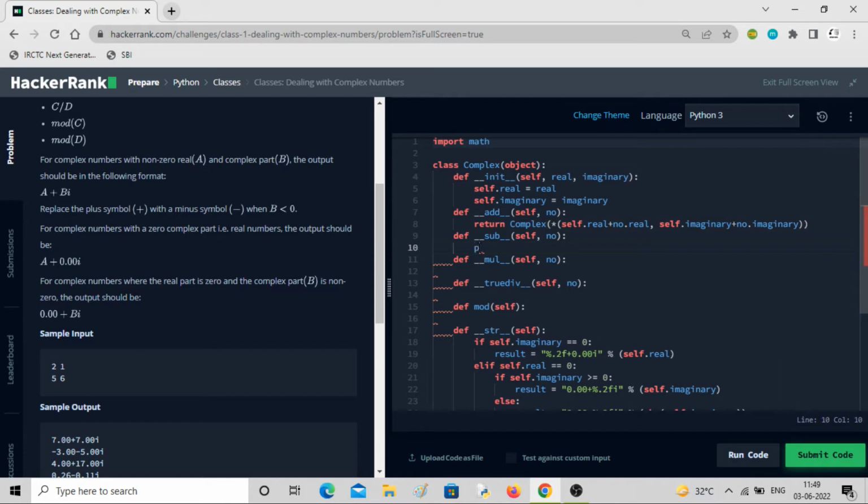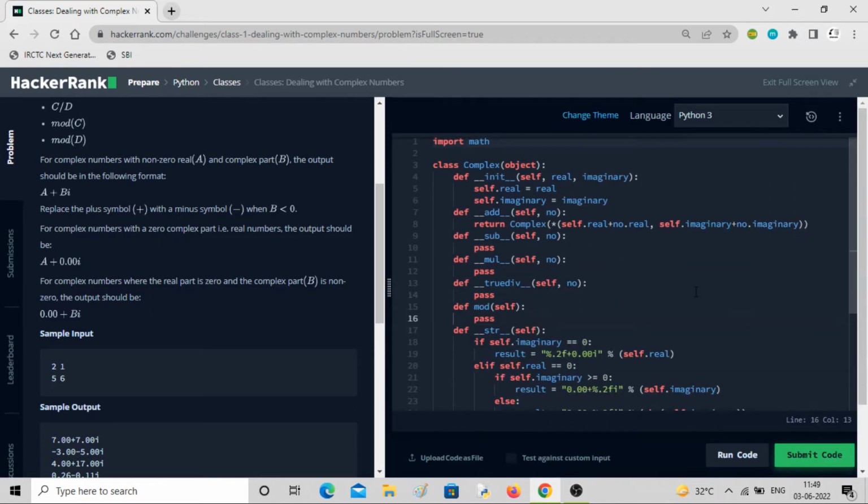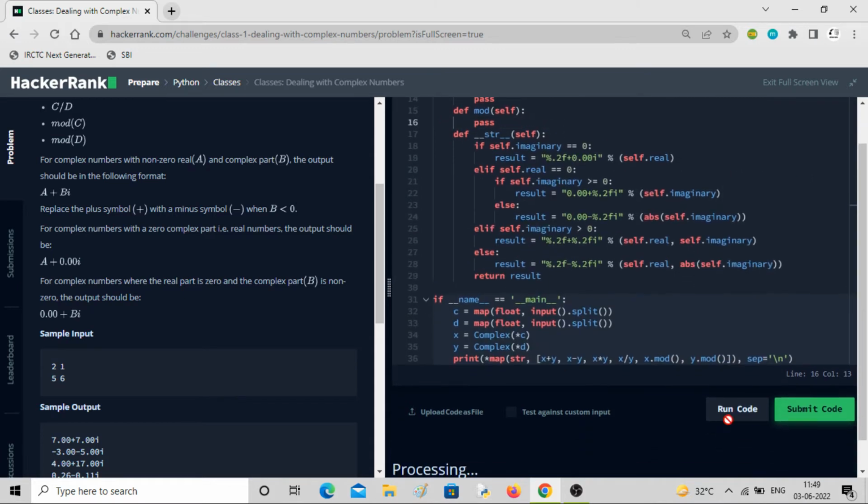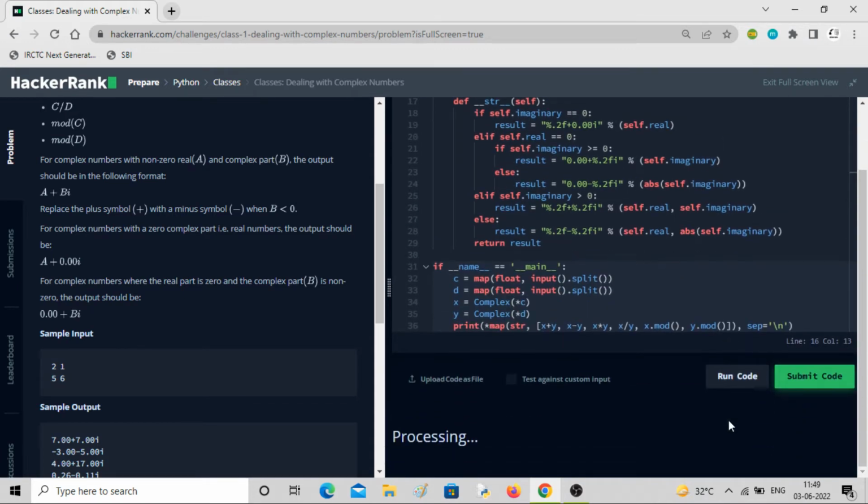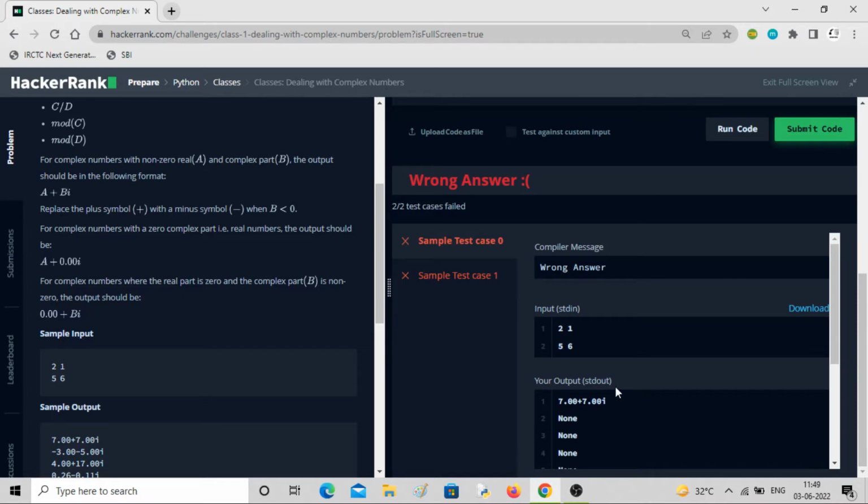Let me write pass here, and similarly here also pass, and here also pass, because you can't keep it empty. So it is working, add is there.